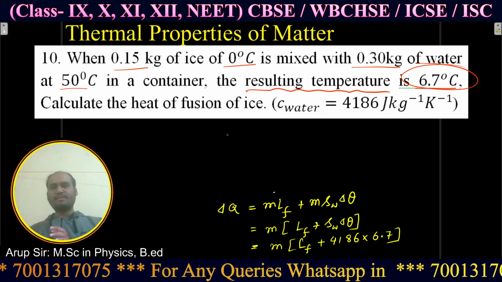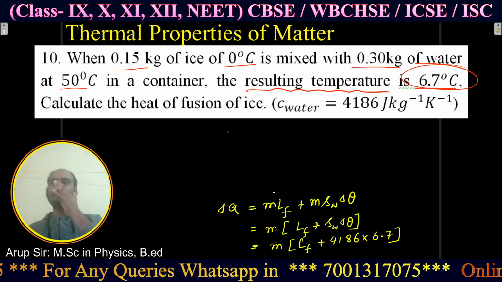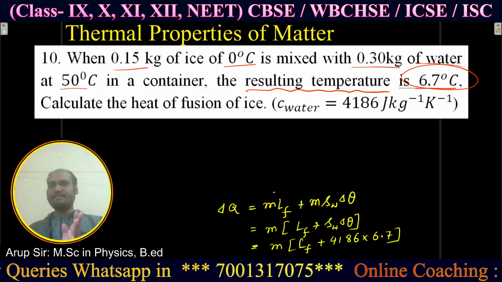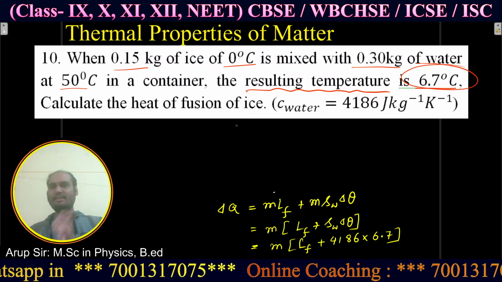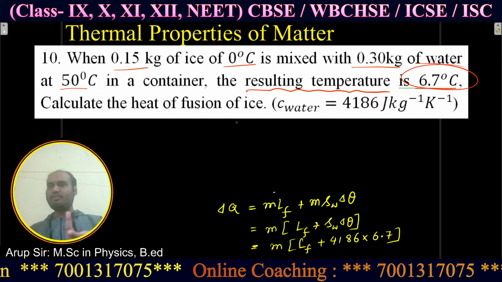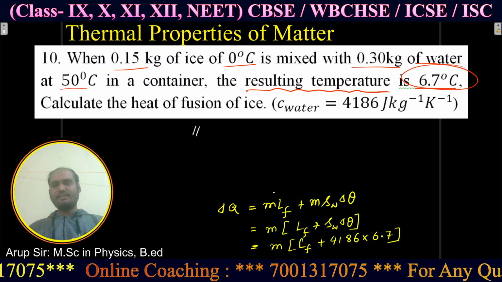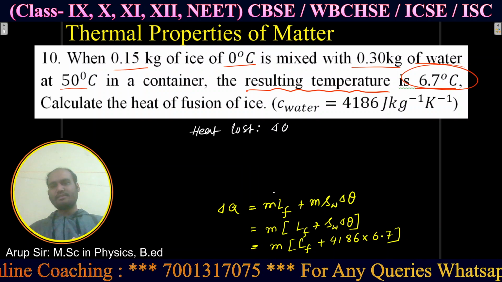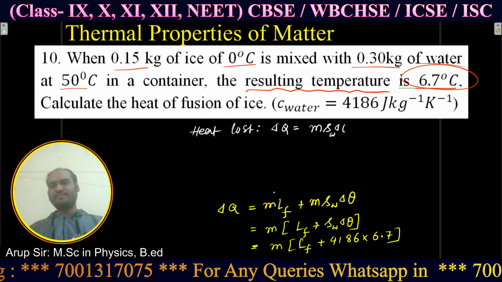Now the situation is where heat is lost. Who will lose heat? Because the water was at 50 degree centigrade, its temperature is falling to 6.7. Is there any state change? Obviously no, because water is coming to water, no state change. So heat lost, delta Q, is equal to m into s water into delta theta.